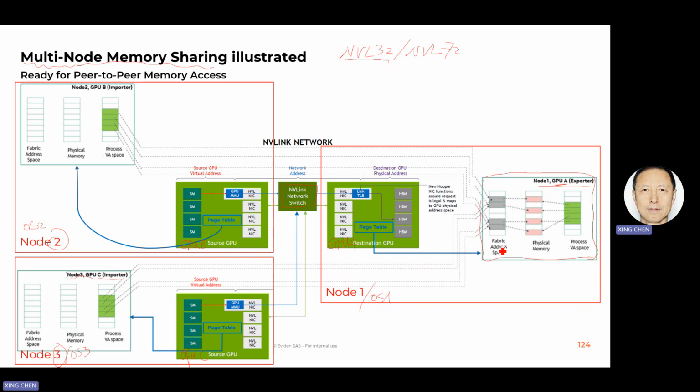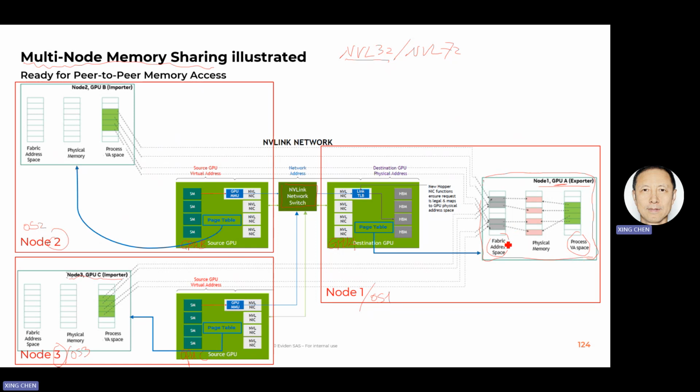You could have two page tables. One is for the fabric address space, the other one is for the virtual address space. You have two page tables.